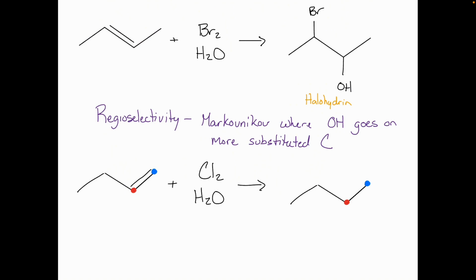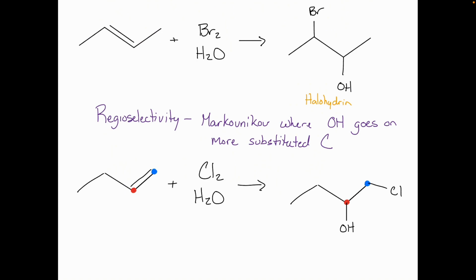All right, so where am I going to put that OH group, on the red carbon or the blue carbon? The red carbon, because it's going to go on the more substituted carbon, which means that my halogen needs to go on the blue carbon.